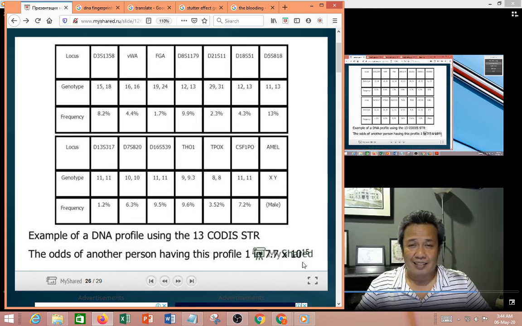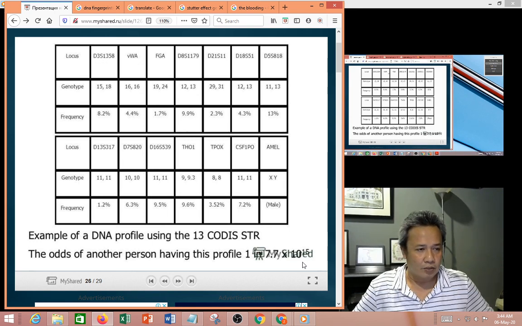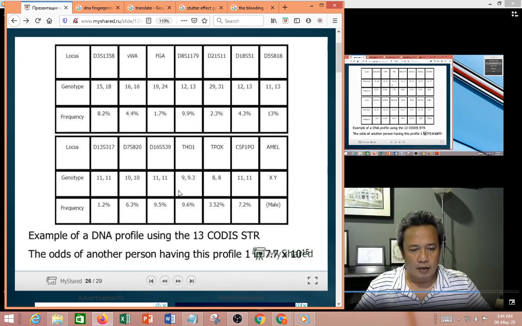Now that's the odds. If you count 1, 2, 3, 4, 5, 6, 7, 8, 9, 10, 11, 12, there are 14. For the STRs, there are 13: 1, 2, 3, 4, 5, 6, 7, 8, 9, 10, 11, 12, 13.